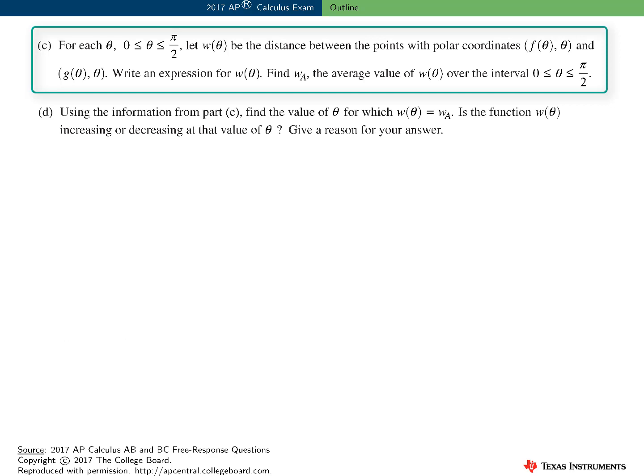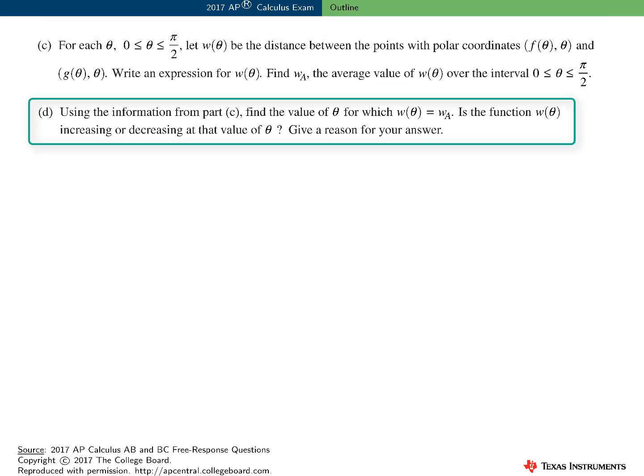In part C, the function w of theta represents the distance between points on the two polar curves. Students were asked to write an expression for w of theta and to find the average value of this function over the interval 0 to pi over 2.